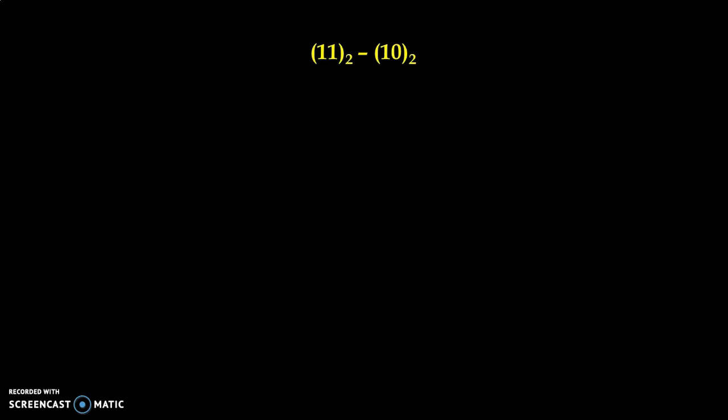So we have binary values 1 1 and 1 0. We are subtracting 1 0 from 1 1. We have two binary values, both have 2 bits. So 1 1 is greater, 1 0 is the smaller value. So 1 1 minus 1 0.